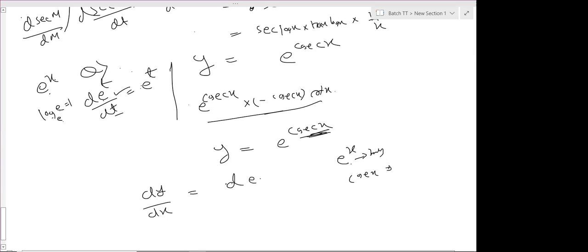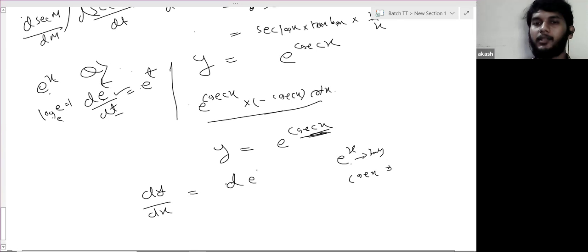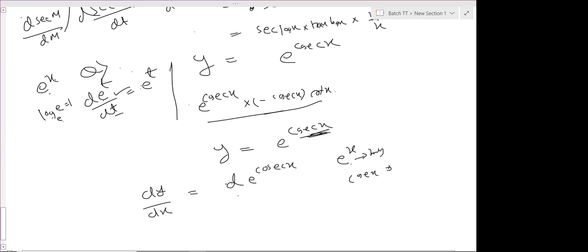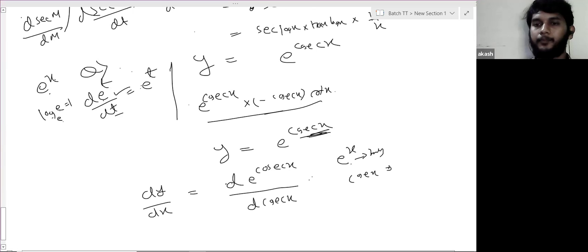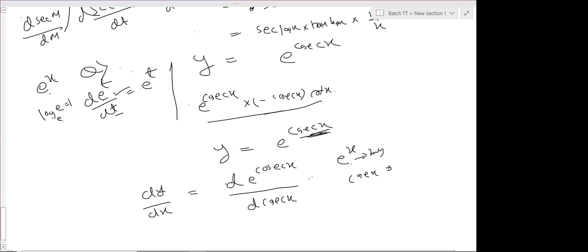We differentiate e raised to the power cosec x with respect to cosec x, and then cosec x with respect to x.